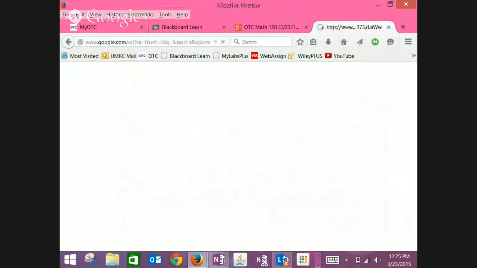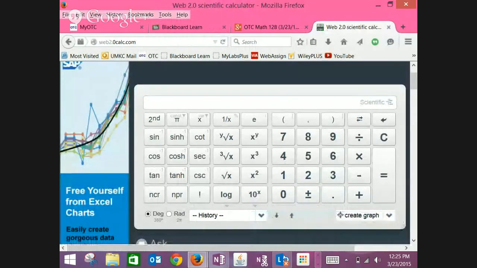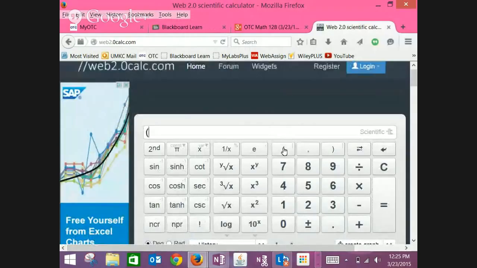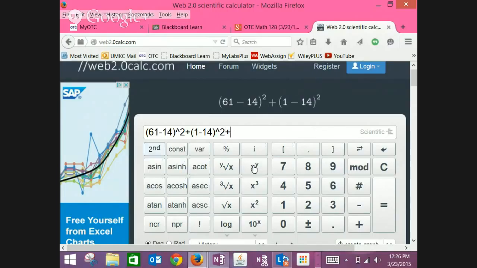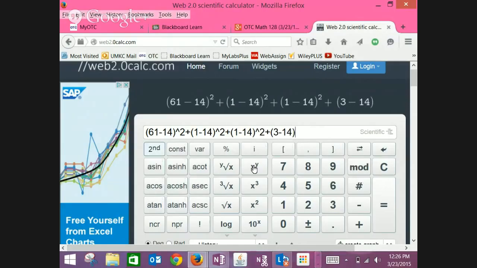This is not too bad if I don't necessarily store it. 61 minus 14 quantity squared plus 1 minus 14 quantity squared, plus 1 minus 14 quantity squared, plus 3 minus 14 quantity squared.